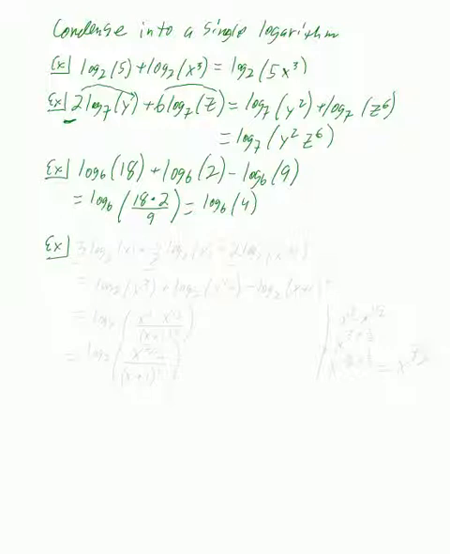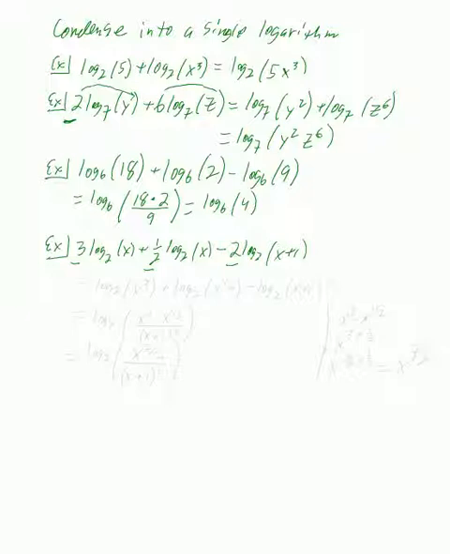Alright, last example is a long one. 3 log base 2 of x plus 1/2 log base 2 of x minus 2 times log base 2 of x plus 1. So I notice I have several pieces that are going to turn into exponents here.